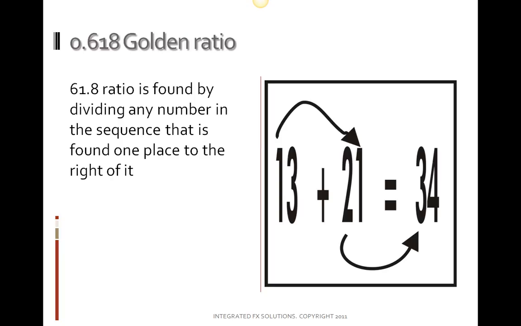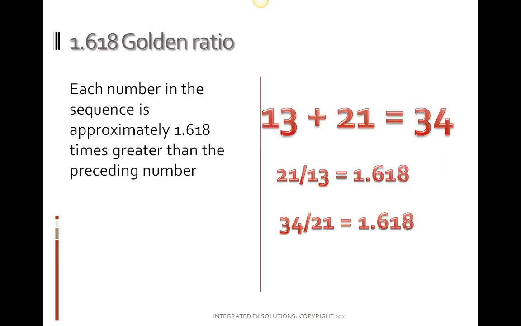The 0.618 ratio is found by dividing any number in the sequence by the number found 1 place to the right of it. So 21 divided by 34 will give 0.618 approximately. 13 by 21 will also give 0.618.